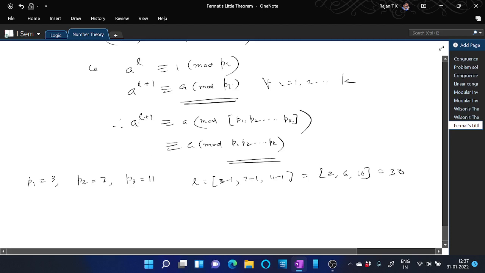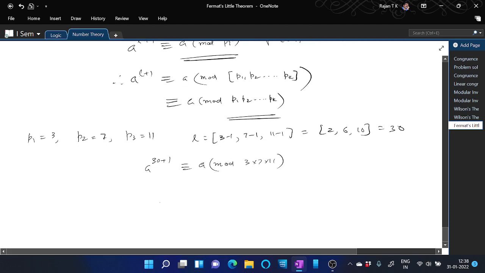And therefore, by this theorem, we are expecting A raised to 30 plus 1, A raised to 31, is congruent to A mod P1 into P2 into P3, that is 3 into 7 into 11, which is 231.